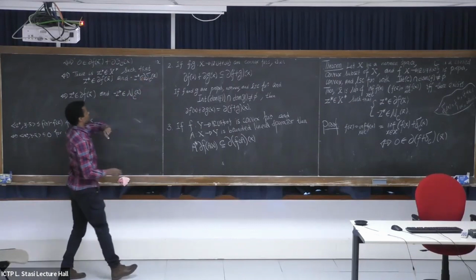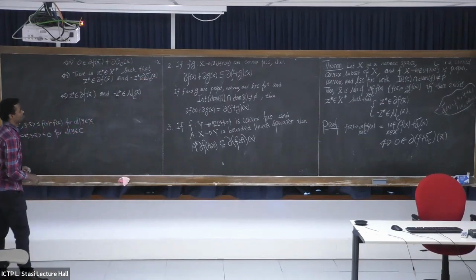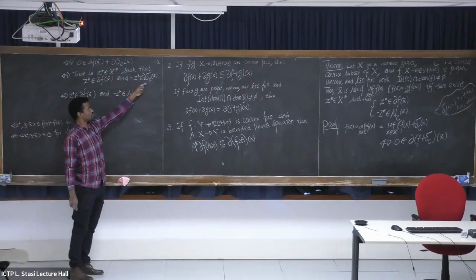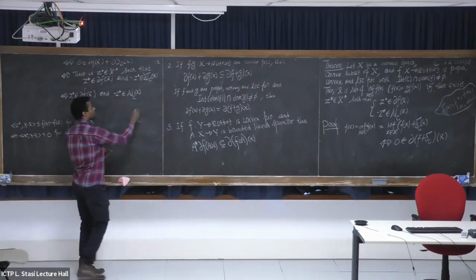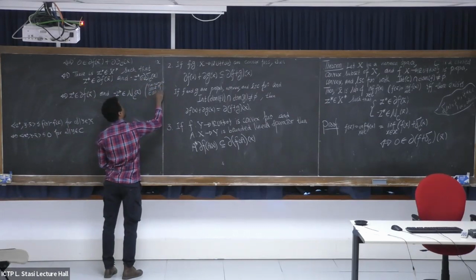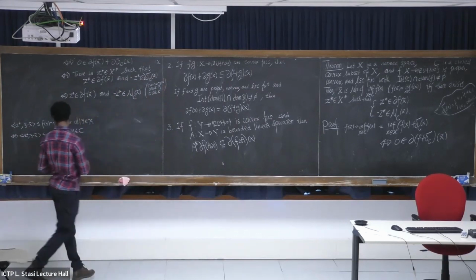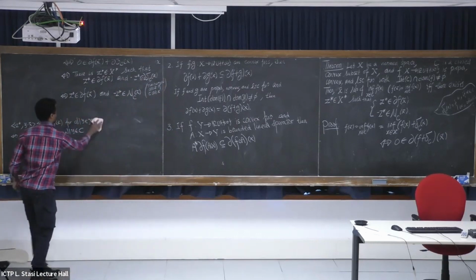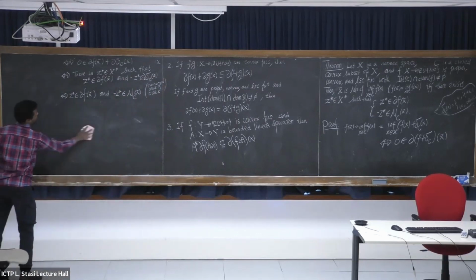If this is an element of the subdifferential of the indicator, then this is an element of the normal cone of C at x bar.